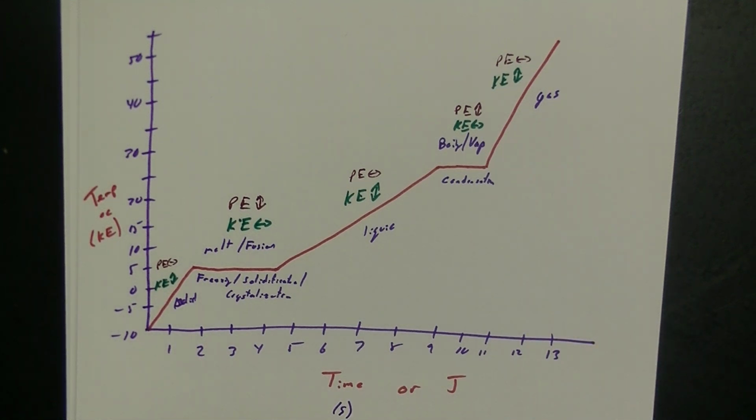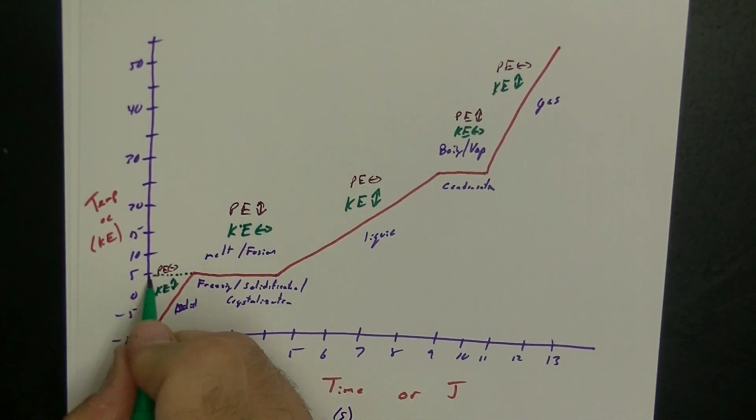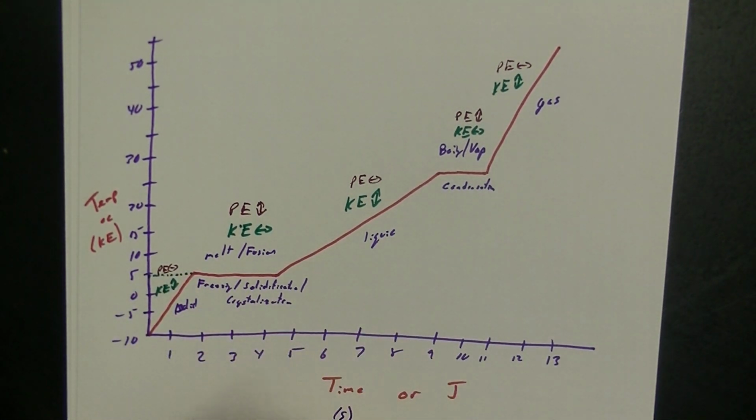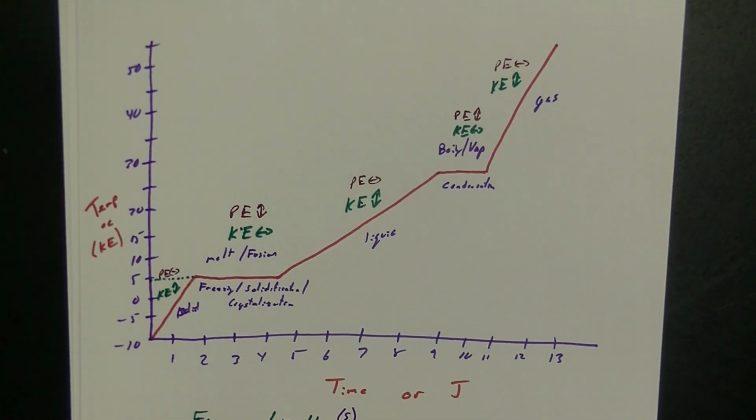Some other things that we can get from this graph, we can actually get the melting, freezing, boiling, and condensation points. For this substance, if we come up here, this is where we're freezing and melting. This substance is freezing or melting at 5 degrees C, depending on whether we're adding energy or taking it away. So it freezes and melts at the same exact temperature.